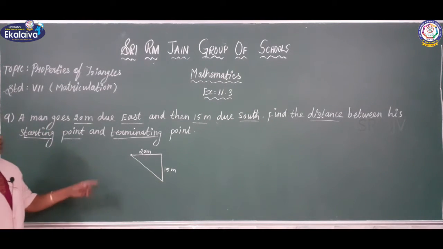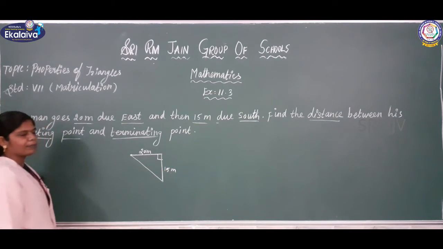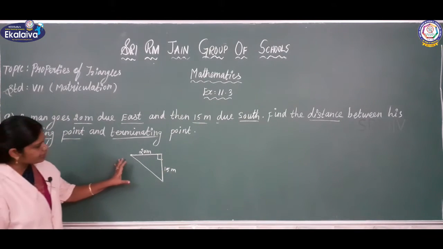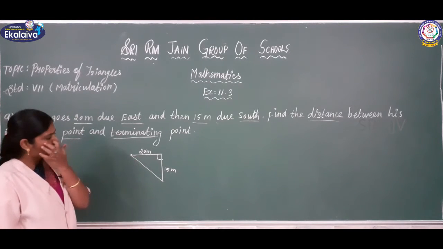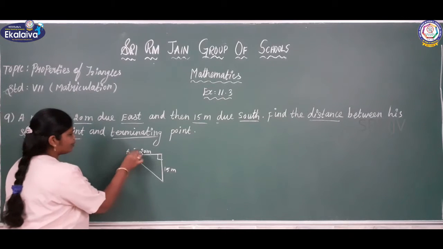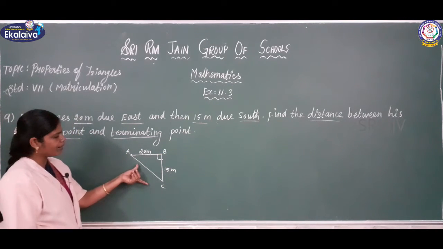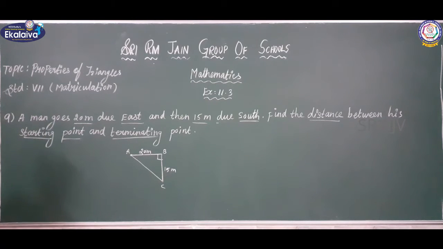Okay. So a man is going in the perpendicular path, so it represents 90 degree. So see here, this is the right triangle. So we need to find out this distance. So just naming it A, B, C. Okay. So we are going to find out the length of AC here. Okay.